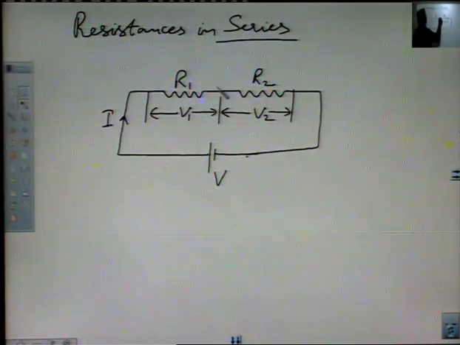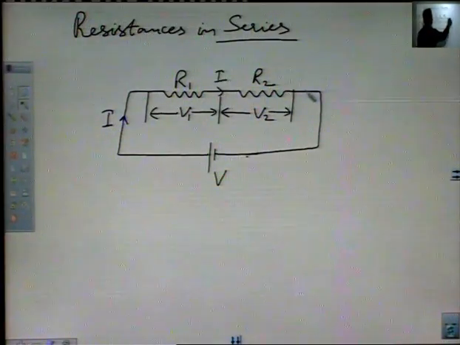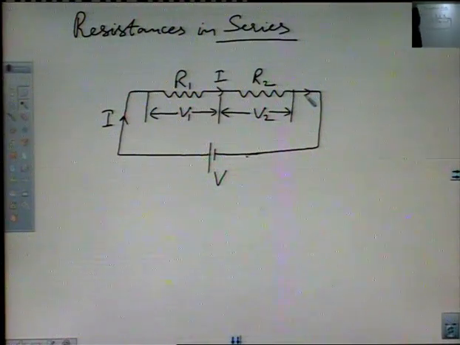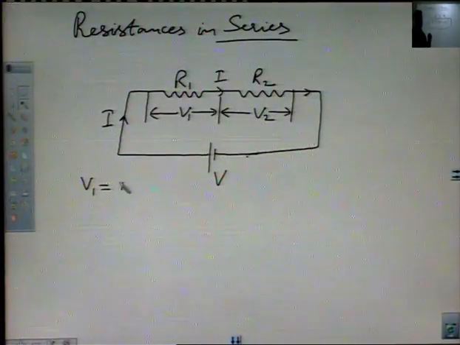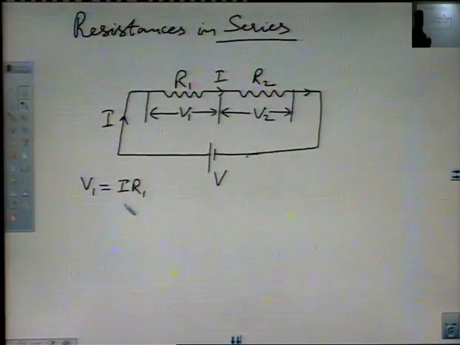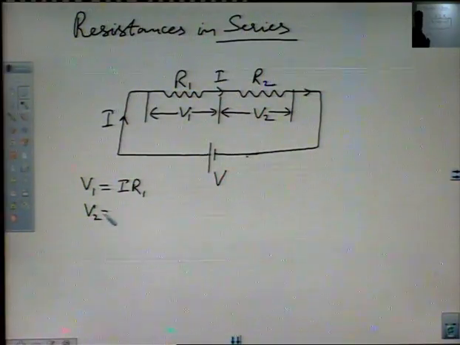The current flowing through these two resistances is the same. So, these two resistances are said to be in series. Applying Ohm's law, V1 is equal to I R1, V2 is equal to I R2.